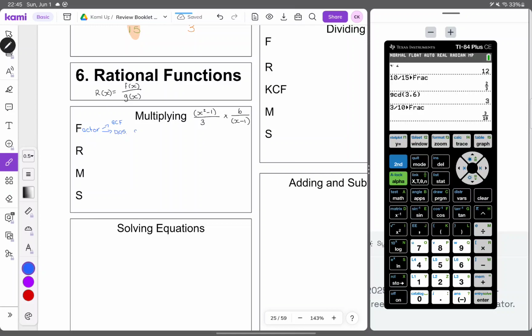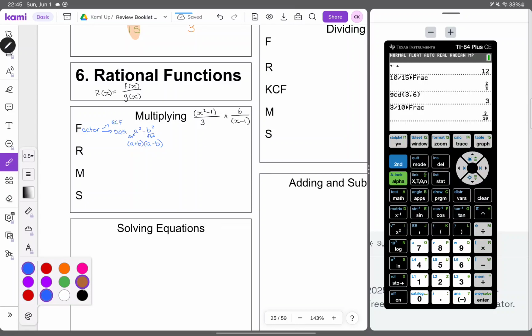Remember, a difference of squares just means we have a squared minus b squared, which we find the square root of both of these, and it becomes a plus b, a minus b. So the square root of the first term plus the square root of the second term, and the square root of the first term minus the square root of the second term.